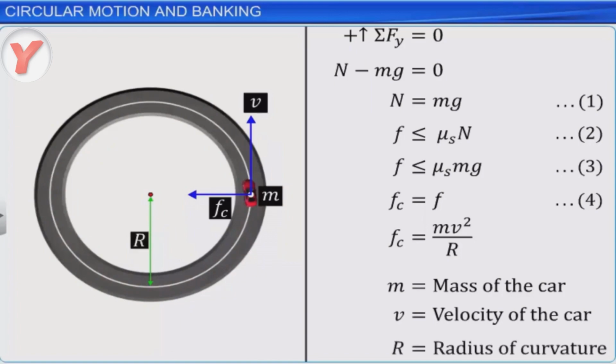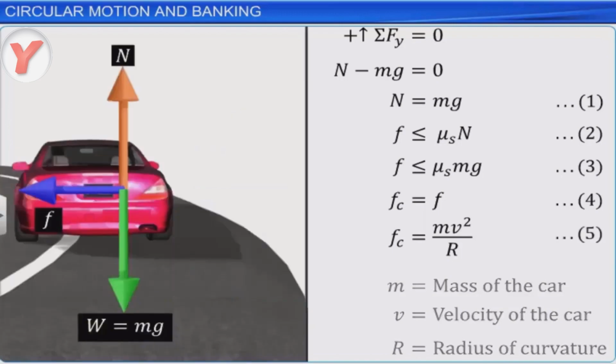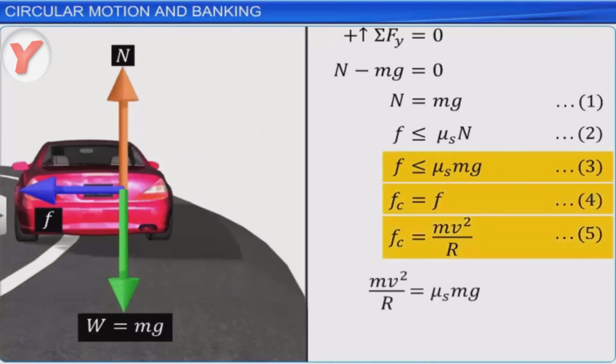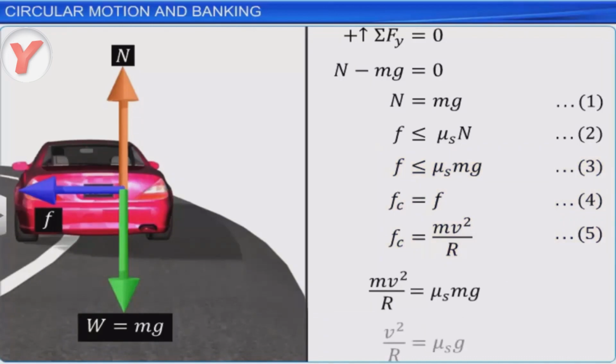Let us call this equation 5. Substituting equations 3 and 5 in equation 4 and simplifying, we get maximum velocity, Vmax, as the square root of mu s rg.